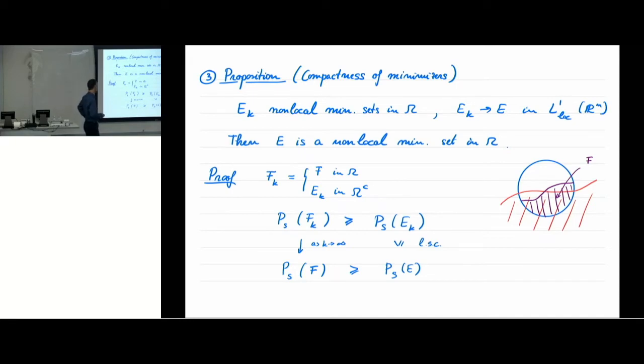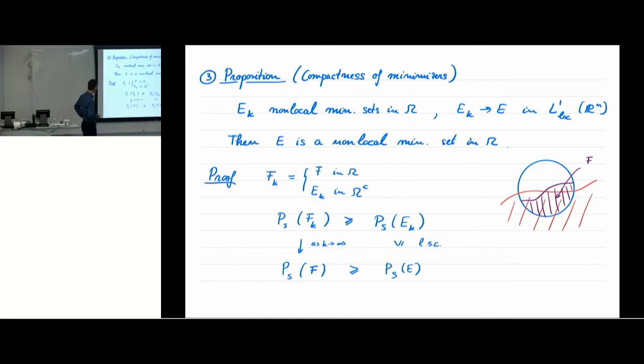Then, because E_k's are minimizing, I have this inequality that the perimeter of the F_k is bigger than the perimeter of the E_k. Yeah? And I want to let k go to infinity, and I hope to get that the perimeter of F is going to be bigger than the perimeter of E. Yeah? So when I pass the limit, by lower semi-continuity, these E_k's are going to bound above the perimeter of E. This is lower semi-continuity.